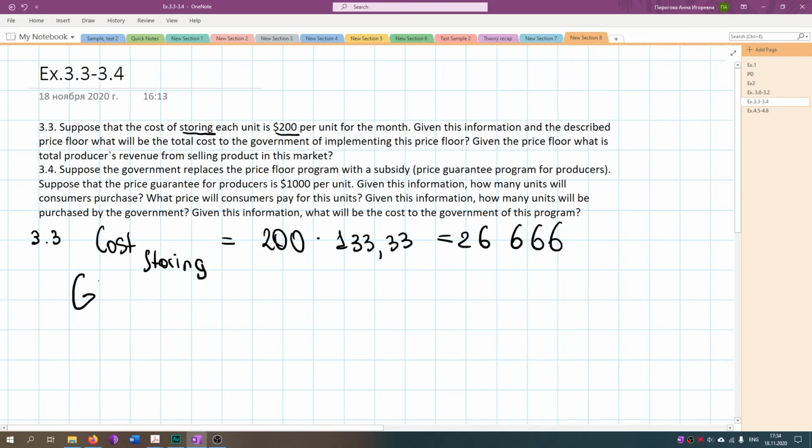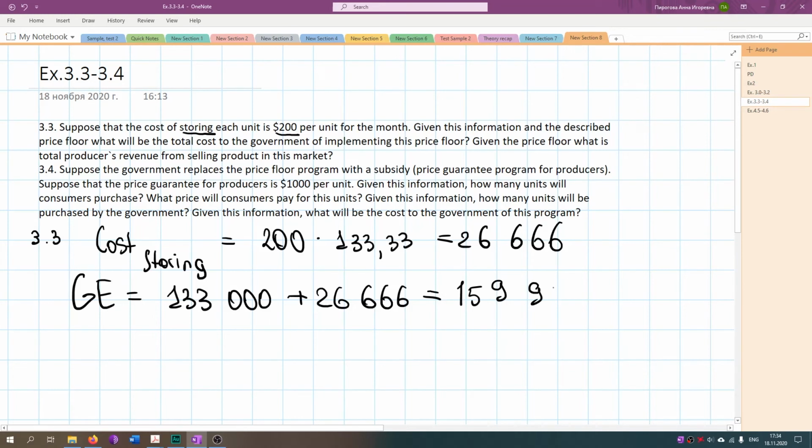And as for government expenses, as you remember from the previous case, the government pays for these units because it purchases the excess supply from the market, and now it has also to pay for storing of these products. So we basically just sum up these two costs and get 159,996.